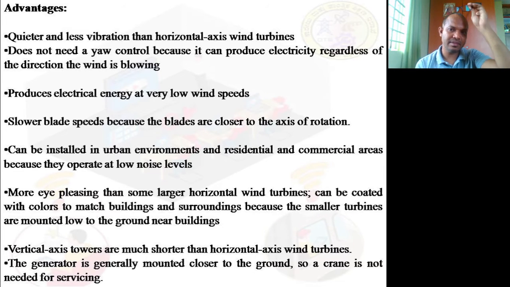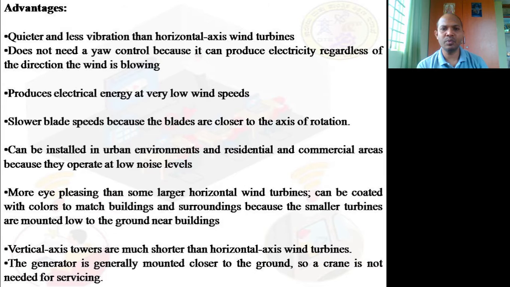So, whichever direction the wind is coming from, the yaw mechanism has to tilt the axis of the rotors. That is the reason why. Since the vertical axis wind turbines can rotate irrespective of the direction, no yaw mechanism is required. That is the major advantage.